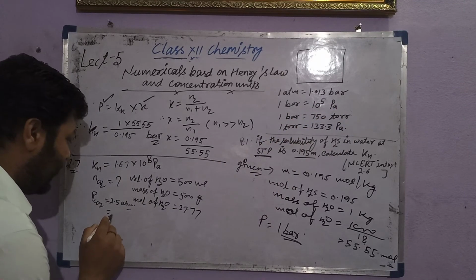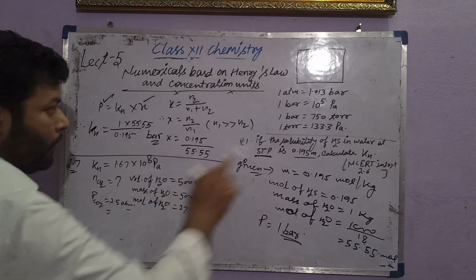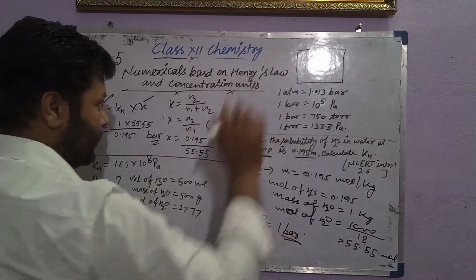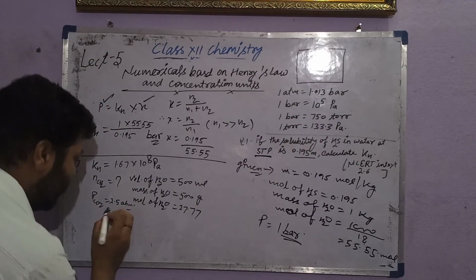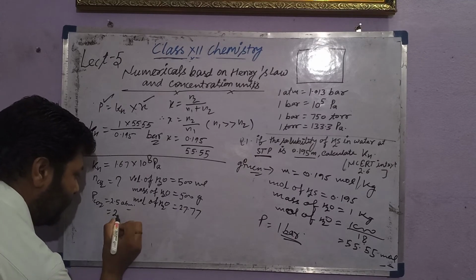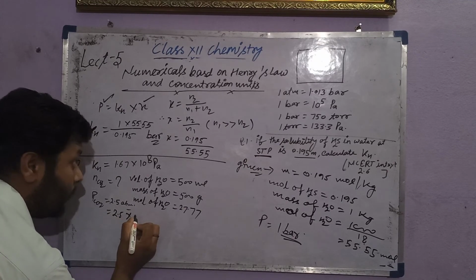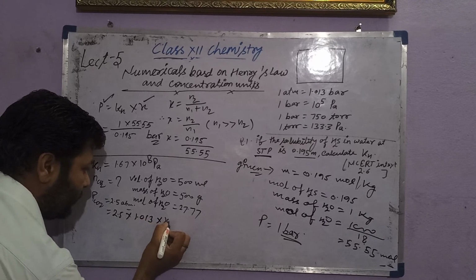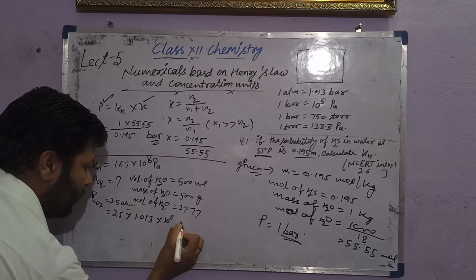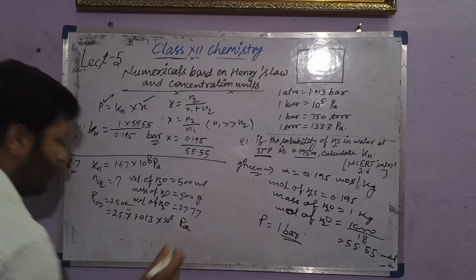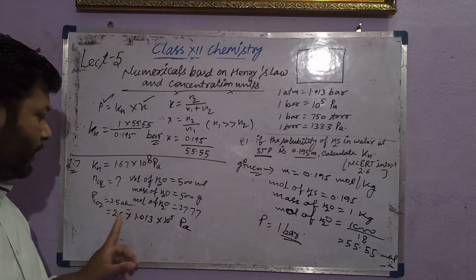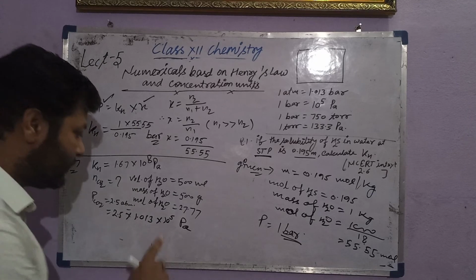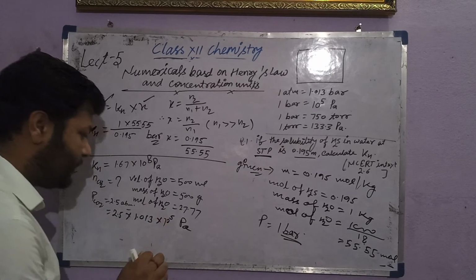Therefore, 2.5 atmosphere equals 2.5 into 1.013 into 10 to the power 5 Pascal.